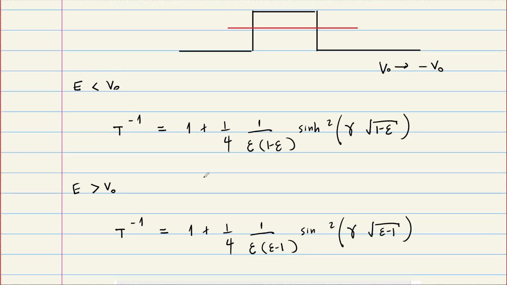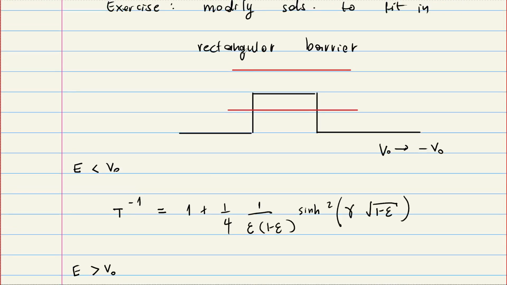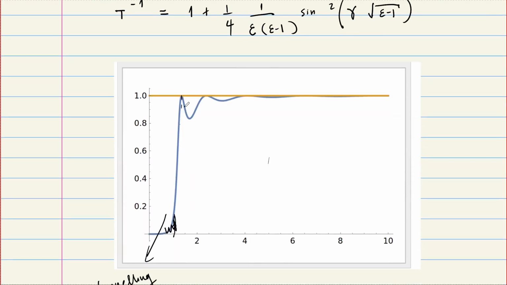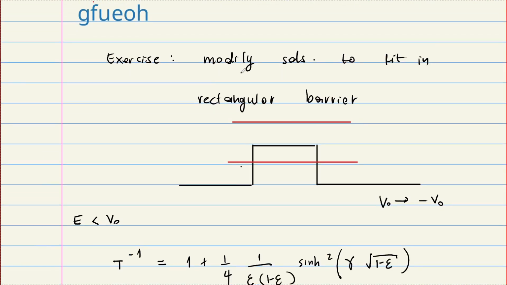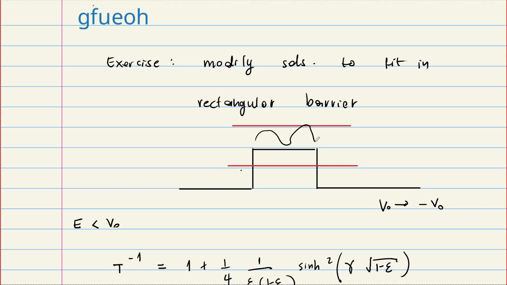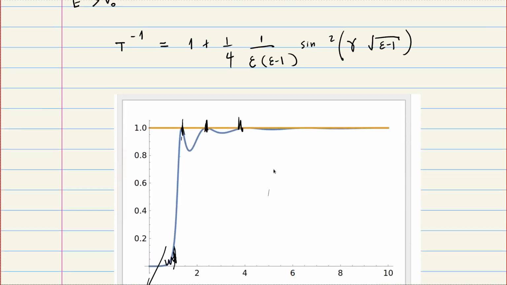And once you go over the barrier, this red line, you start to transmit, but these resonances are still there. Even if your barrier is like this, you kind of have this trace of particle in a box, because your energy resonates with the well and you have perfect transmission in these points.